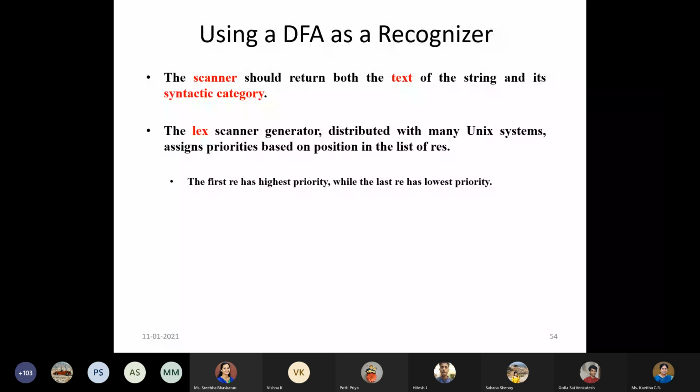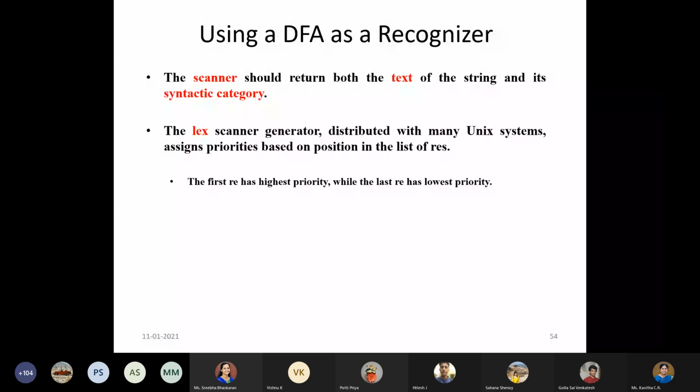If the first one is the regular expression for identifying the variables, that is A to Z, small or capital letter, followed by A to Z star closure, then all the keywords will satisfy the identifiers. The control will not come to the second regular expression at all. So whether it is keywords or variables, it will be recognized as variables itself.